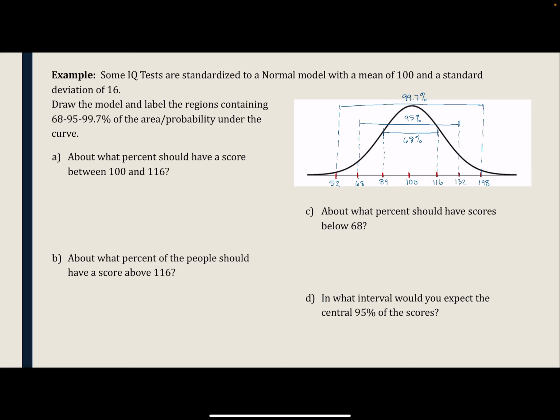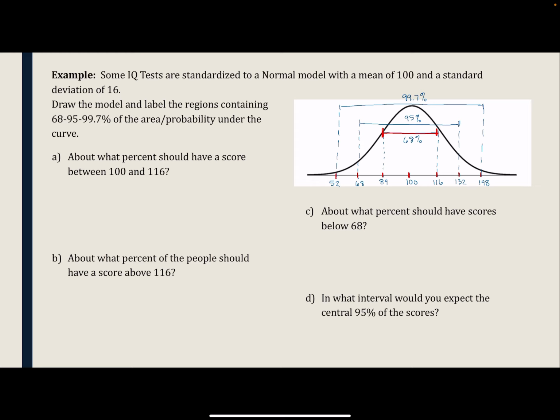So looking at part A, it says about what percent should have a score between 100 and 116. So remember that 68% of the scores are between 84 and 116. And the normal model is perfectly symmetric.